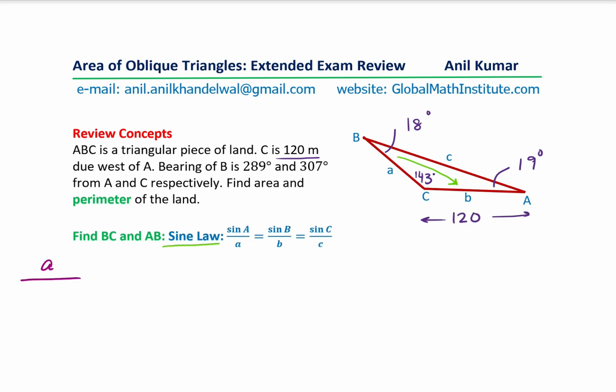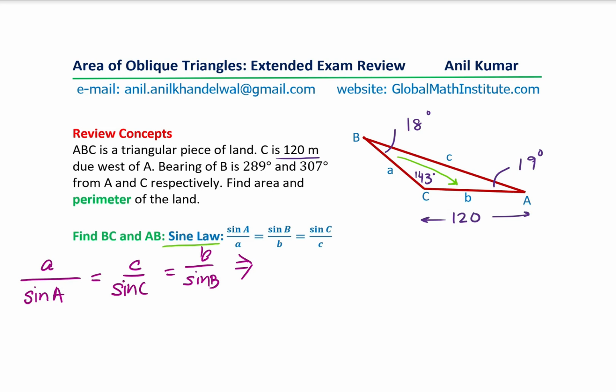Sides are to be calculated, so we are writing the length on the top, which is A over sine A equals C over sine C, which is equal to B over sine B. So in terms of B, we can now write down both the values.